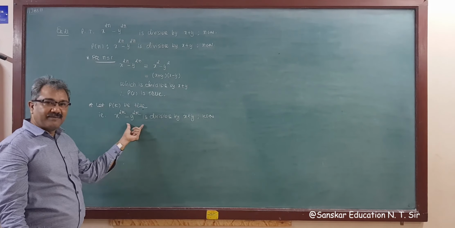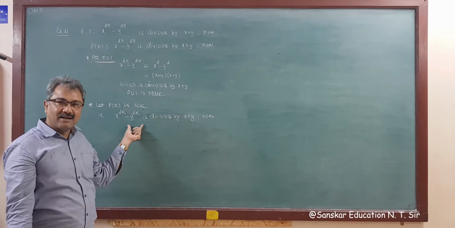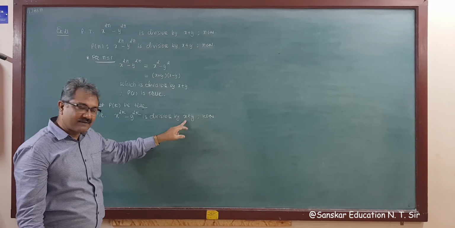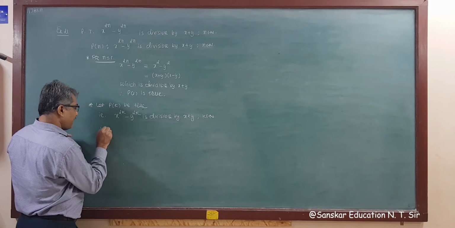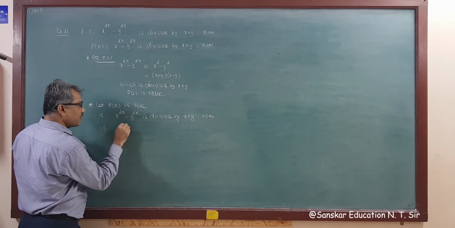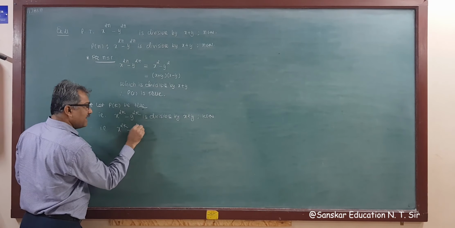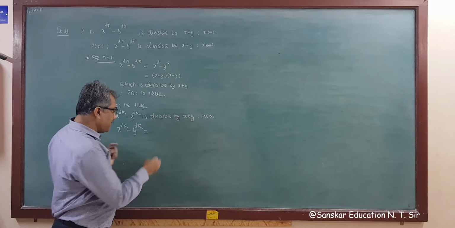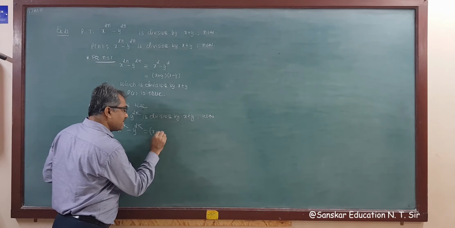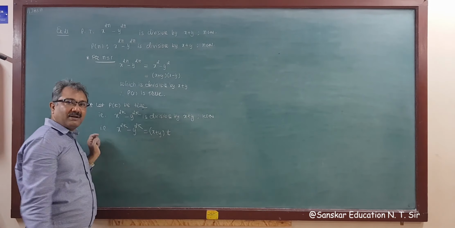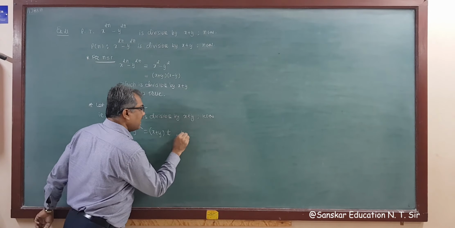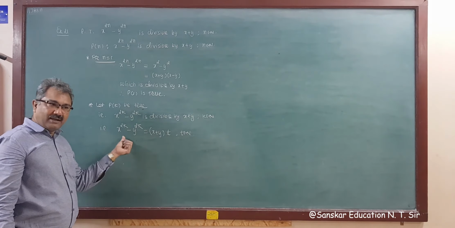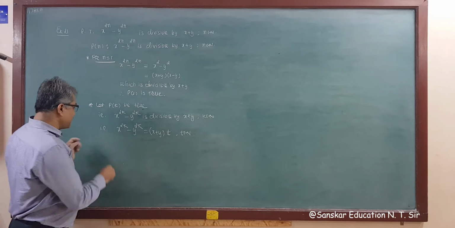Now this is a statement form, so we have to express this in mathematical form. So what to do? It is divisible by x plus y, so x raised to twice k minus y raised to twice k is equal to x plus y into any number, that is p, where p belongs to N. Now from this we can make x raised to twice k the subject.